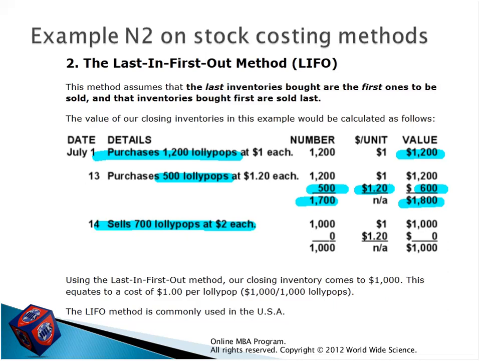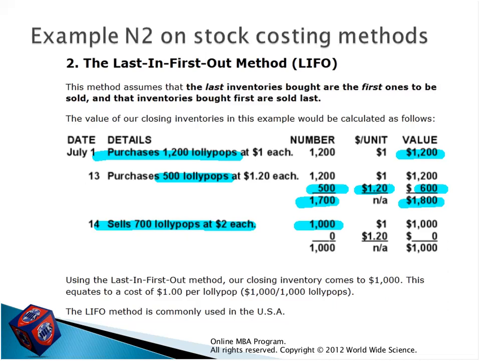So here is what we left, and what would be left of the inventories, which is lollipops, 1,000. Here is the formula. You have to take your total number of 1,700 minus your sales, which is 700.